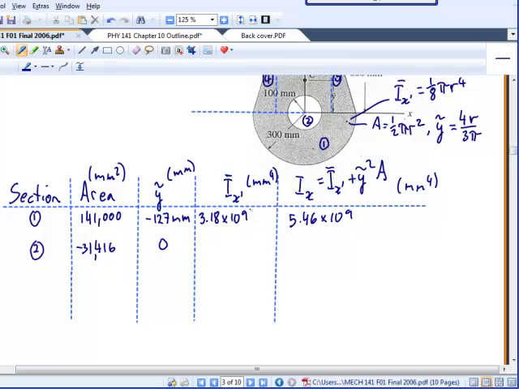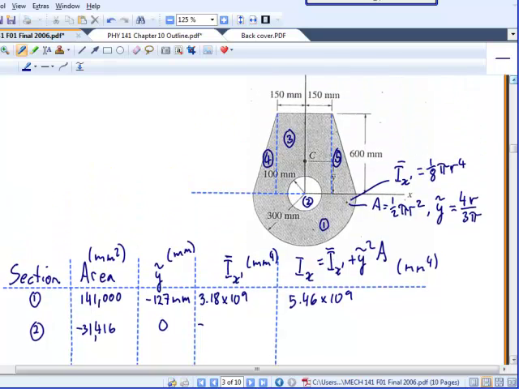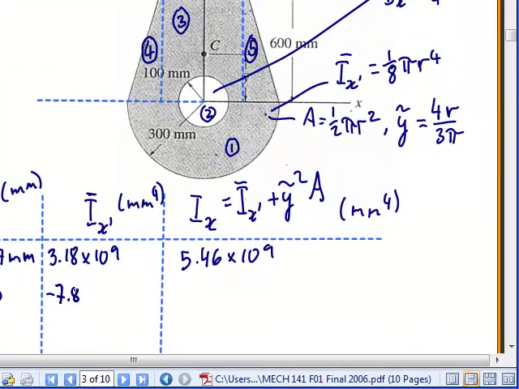Its moment of inertia is 1/4 pi r to the 4. It's also going to be negative. And parallel axis theorem, because it's on the x-axis, is going to be the same value.